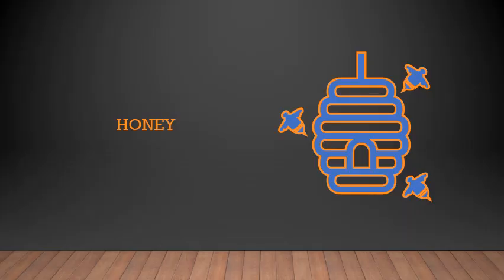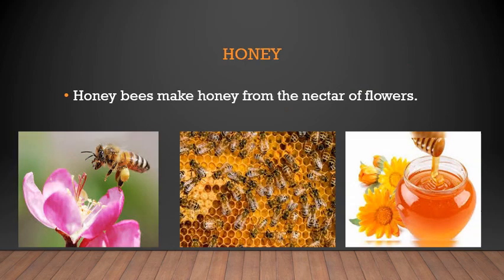Then the next product that we get from animals is honey. How do we get honey? The honey bees go to different flowers and collect nectar, which means drops of sugar. They bring it to the honey hive. In the second picture you can see the honey hive.